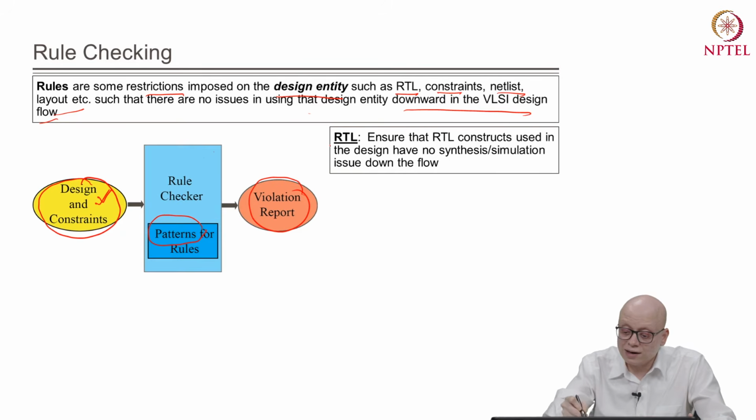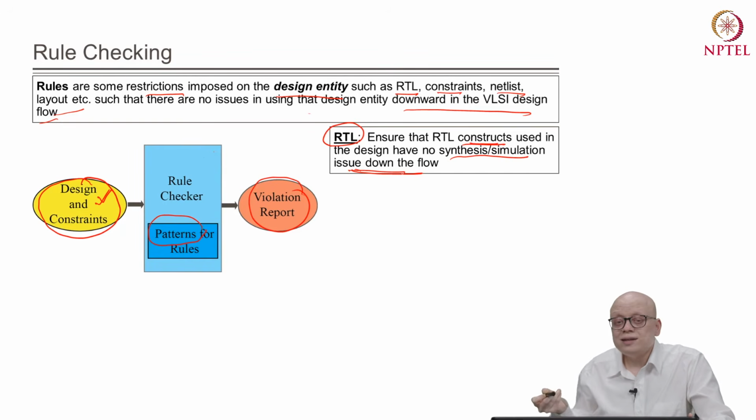For example, at the RTL level there can be rules which ensure that the RTL constructs used in the design will not create any synthesis or simulation issues down the flow. These restrictions are more stringent than what is imposed by the language.